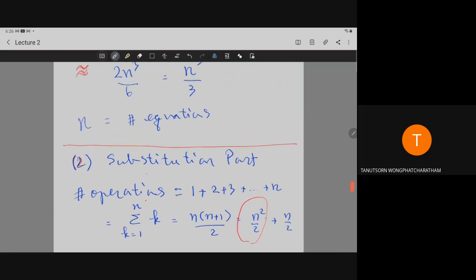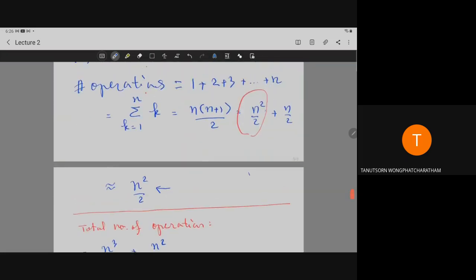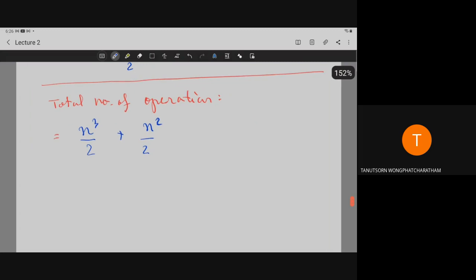I think it's n cubed over 3, no, sorry. N cubed over 3.